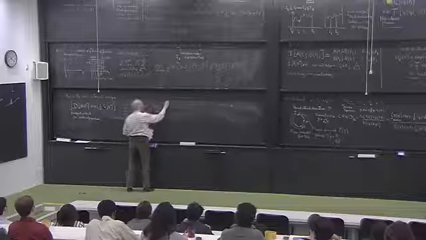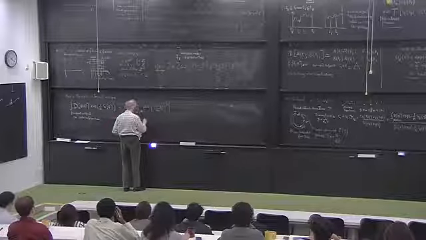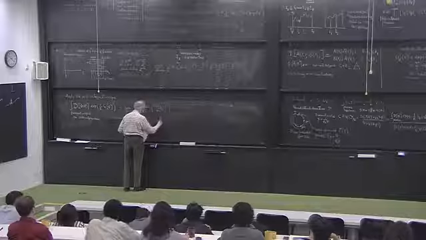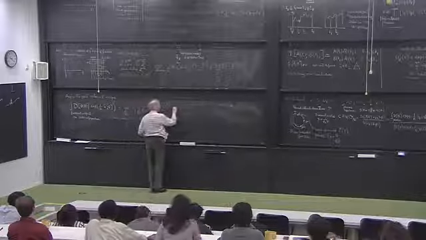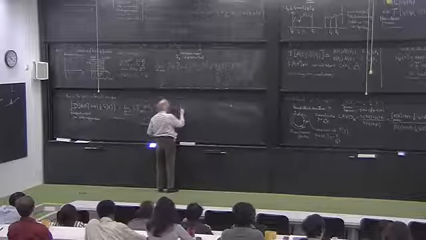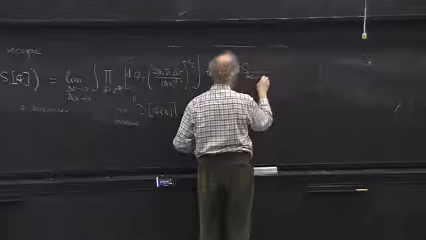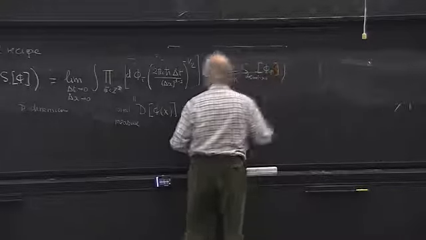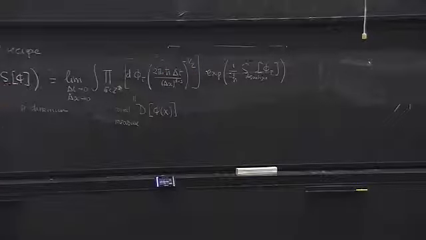So this is correct: the measure d phi of x times exponential of i over h bar, this action discretized, over the phi_i. Okay. And we obtain that just by being careful and applying the path integral recipe.